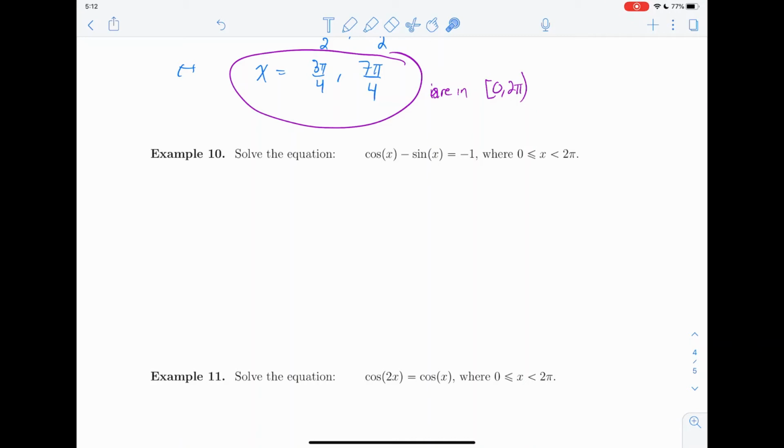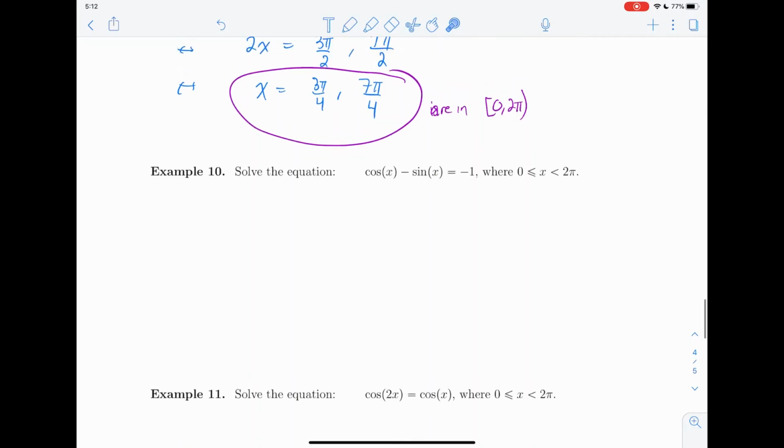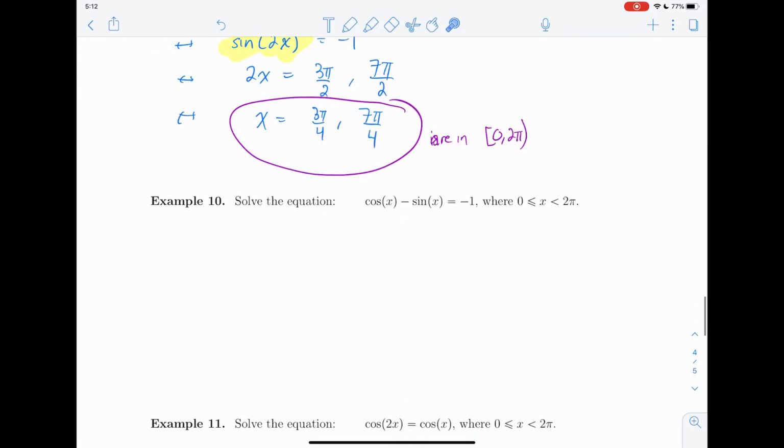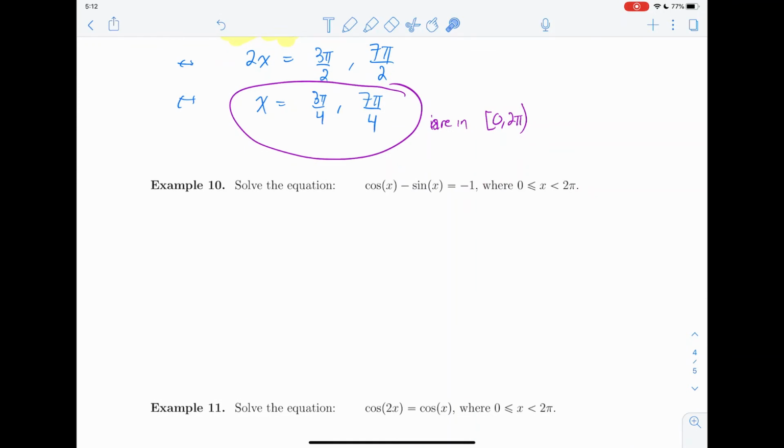But we're running into the same problem as in the previous one. There are no squares. If there were squares, we could probably swap using the Pythagorean identity. In the previous problem, we were able to identify the double angle formula, but here the double angle formula looks hard to fabricate.